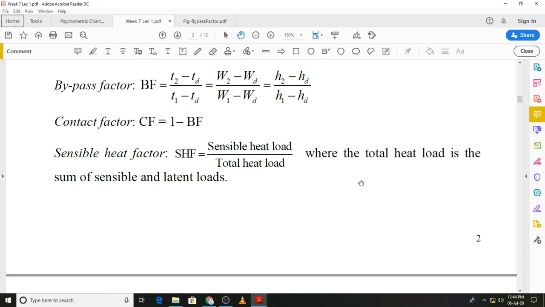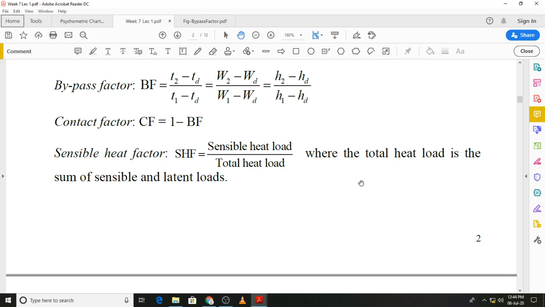The bypass factor then is defined to show the effect of the imperfect cooling of the air, and it's the ratio of the bypass effect divided by the ideal case in which the air, if it had been ideally cooled, would have gone through a temperature change T1 minus TD, whereas T2 minus TD in the numerator shows the effect of the bypass.